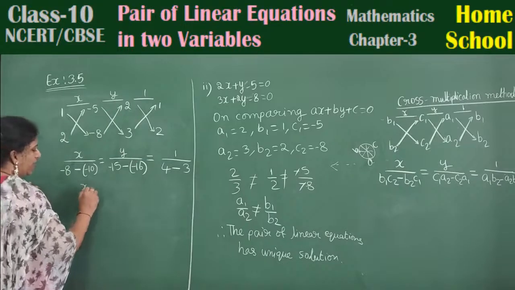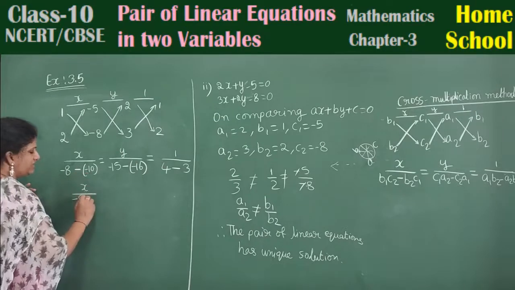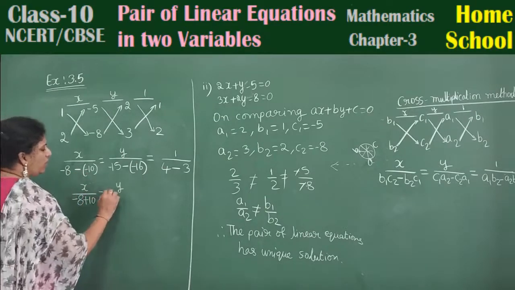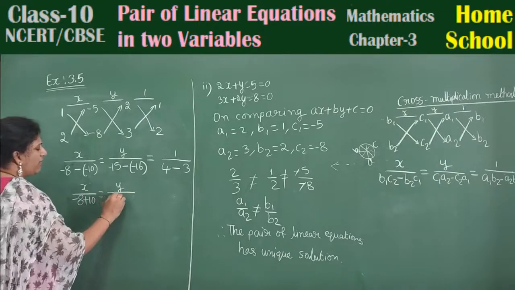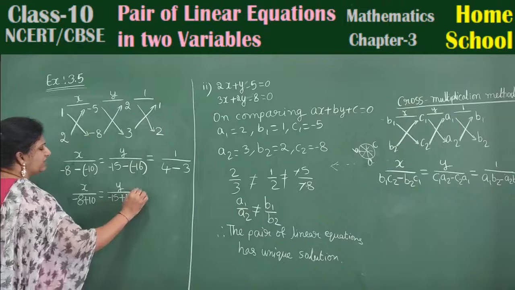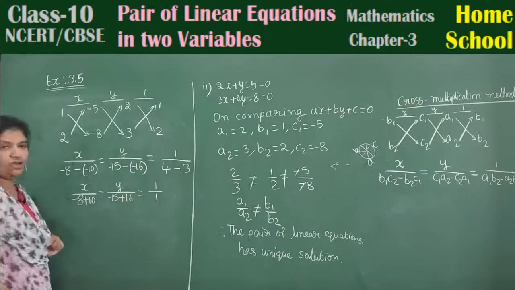Now x by minus 8, minus into minus is plus 10, is equal to y by minus 15, minus into minus is plus 16, is equal to 1 by 4 minus 3 will be 1.